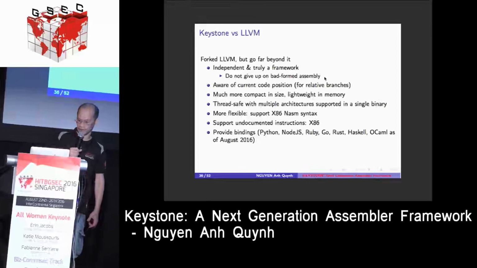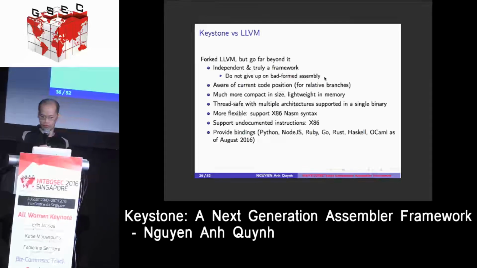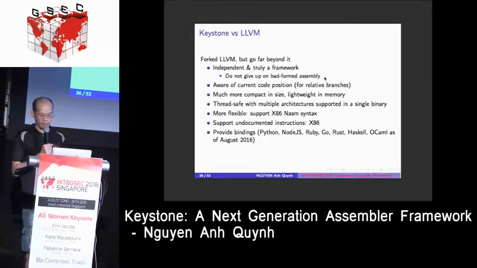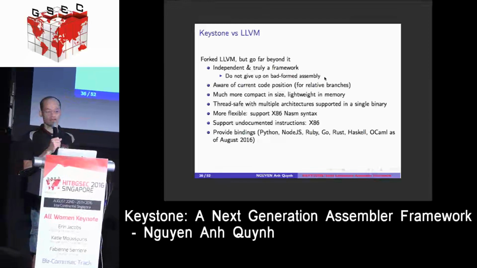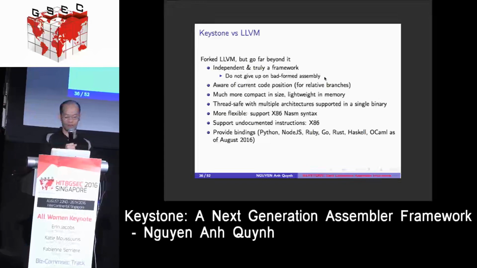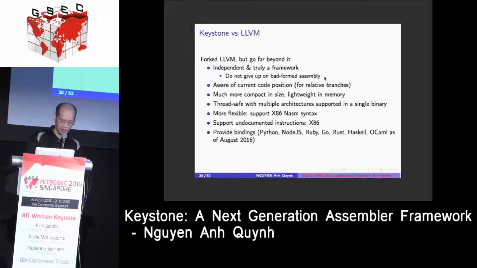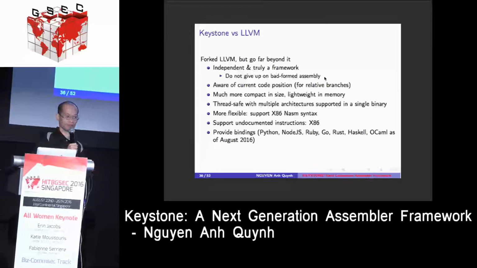Keystone is thread safe. You can build multi-threaded programs on top of Keystone. Keystone is more flexible. It supports NASM syntax for Intel CPU. Next good thing is that Keystone supports many undocumented instructions of x86, which LVM doesn't support.